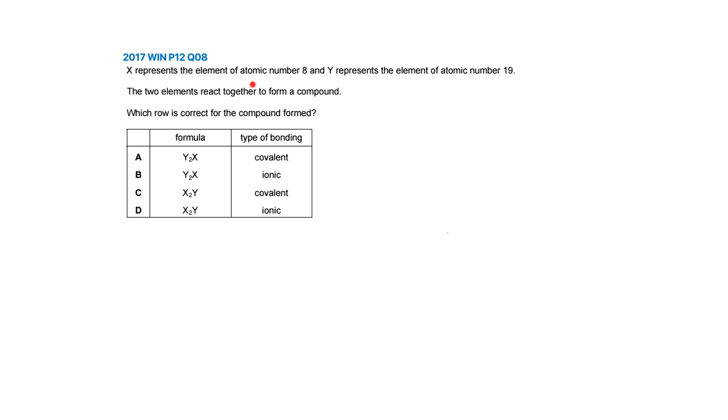X represents the element of atomic number 8 and Y represents the element of atomic number 19. If we have the periodic table at hand, we know we're talking about potassium and oxygen. 2 elements react together to form a compound. Which row is correct? It can only be ionic because it's a metal and a non-metal, right?